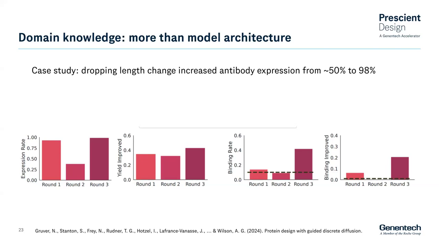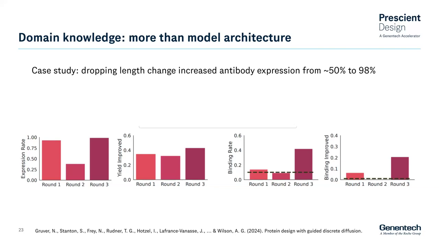In a case study that was extremely impactful for me, if you spent any time in the non-autoregressive sequence generation community, there was a huge focus on length change. Everyone was obsessed with length change. And so naturally, I had a solution for length change that was turned on.